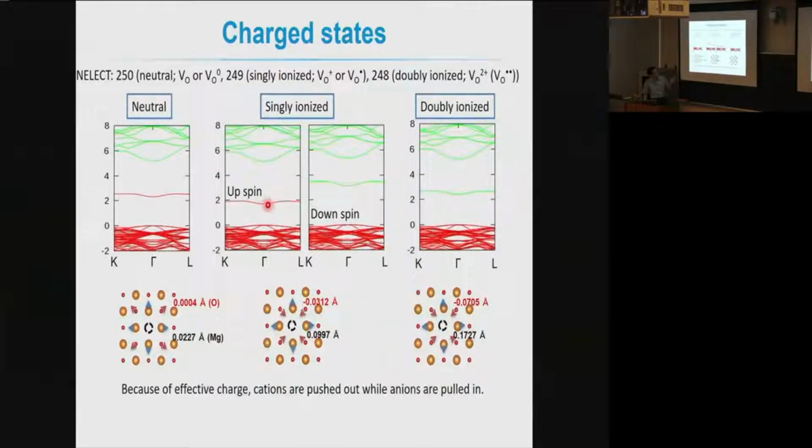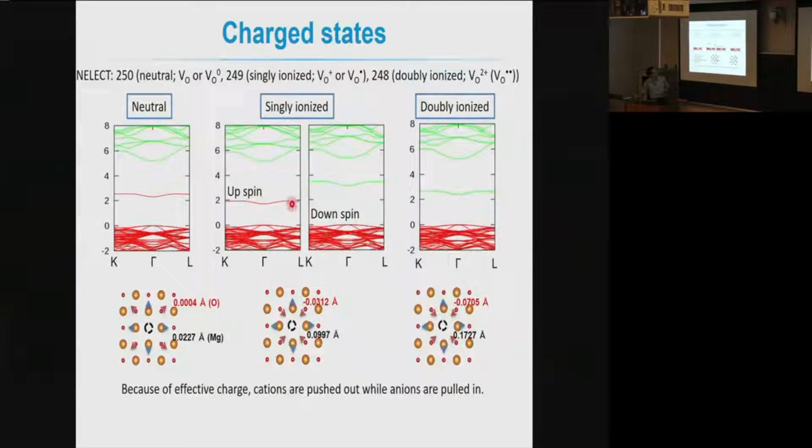Let's say this is occupied by a spin-up electron and this is unoccupied by the spin-down. Because of the spin polarization, the energy level is split, so you have to turn on the spin polarization option. You will learn in the next class how to turn it on. Anyway, this is a singly ionized case.